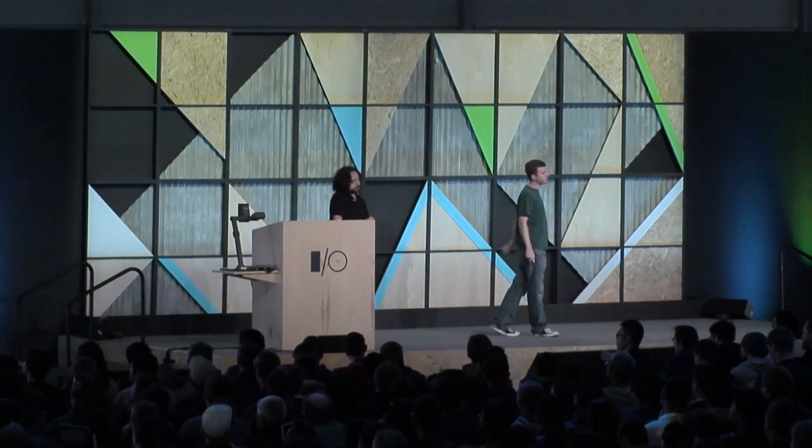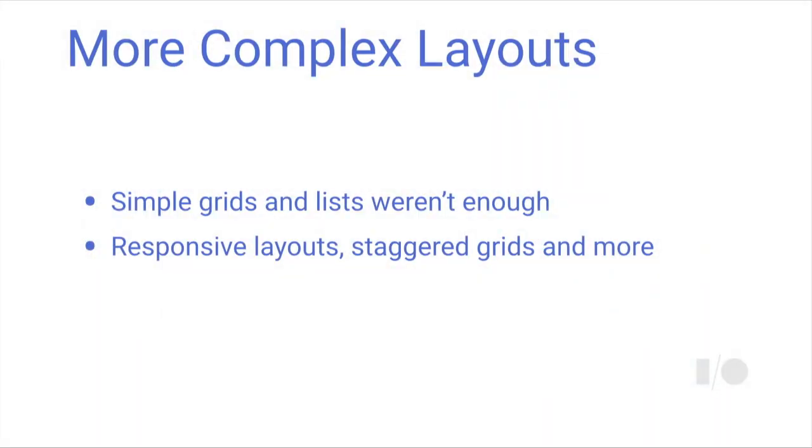So these simple grids and lists that we provided with ListView and GridView in the framework really weren't enough to handle these use cases appropriately. People started wanting to create these sorts of staggered grids, responsive layouts, so on and so forth. And really, if you wanted to change these types of layouts, you were rewriting a whole lot of core code that ListView used to do this adapter-based recycling.